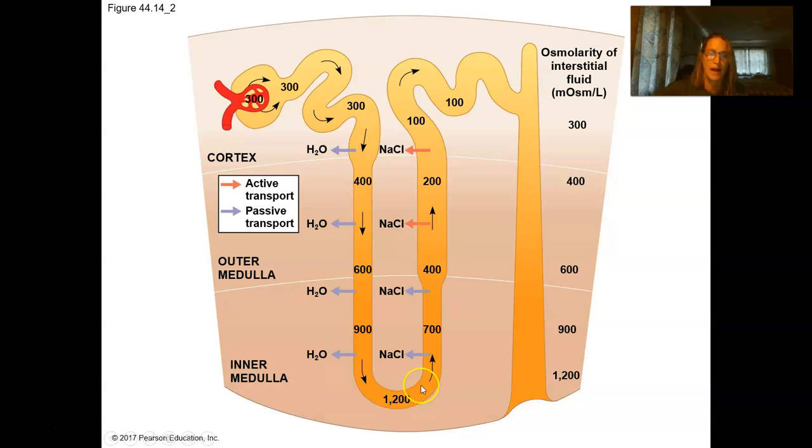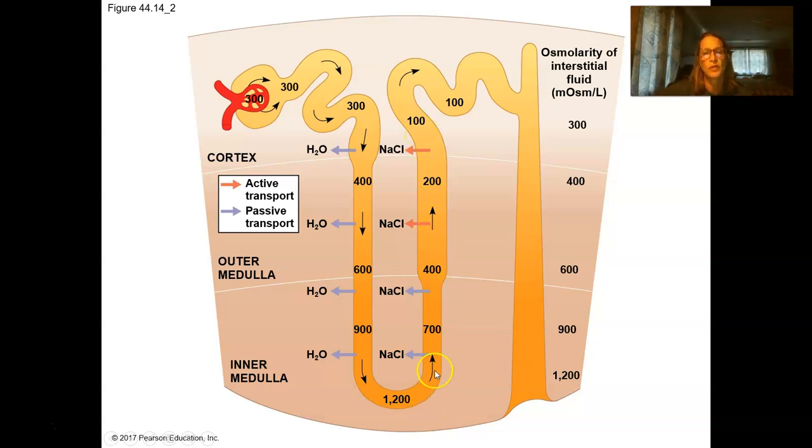Now on the way back up, this part of the loop of Henle is impermeable to water, but permeable to salts. So as you are lowering the concentration of the interstitial fluid around here, salts are going to passively leave as you are getting to lower concentrations in the interstitial fluid.